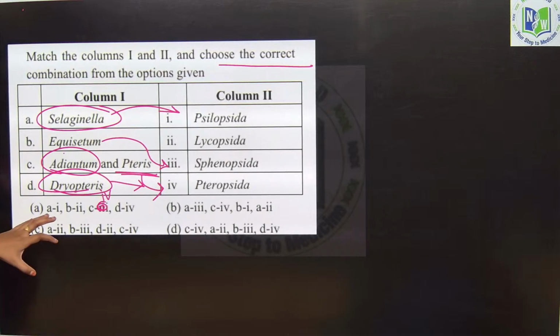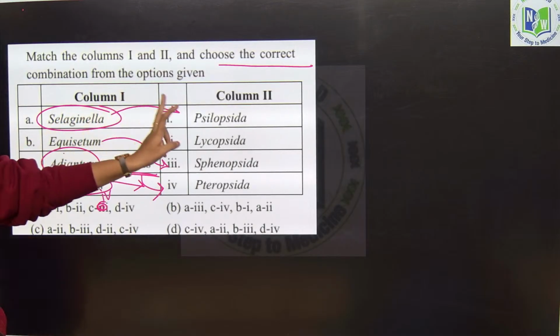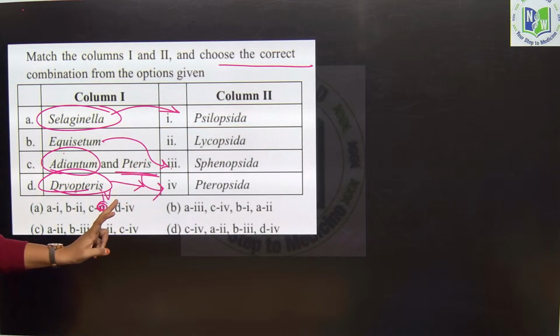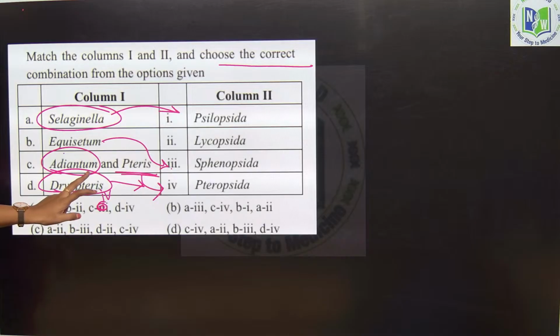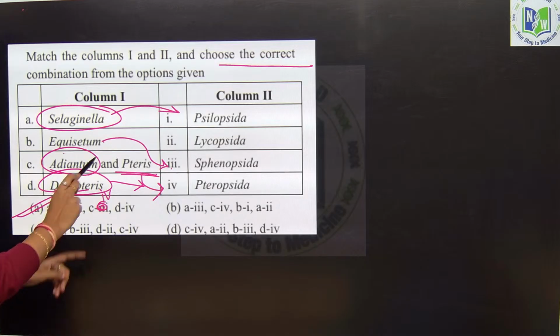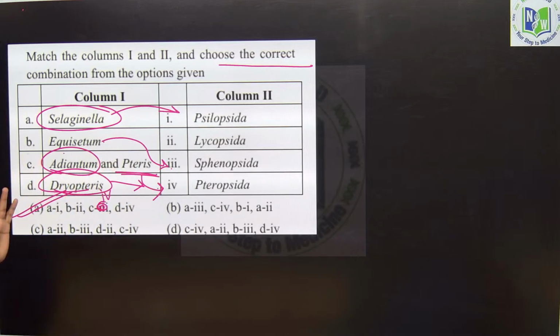So, in this case, what option you have to choose, ma? Selaginella 1, Equisetum 3. Yes, just give a minute. Yes, and Adiantum 3 and Dryopteris 4. So, here Adiantum, that is option 4, and Dryopteris is also option 4. So, in this case option 1 will be the right answer, okay.